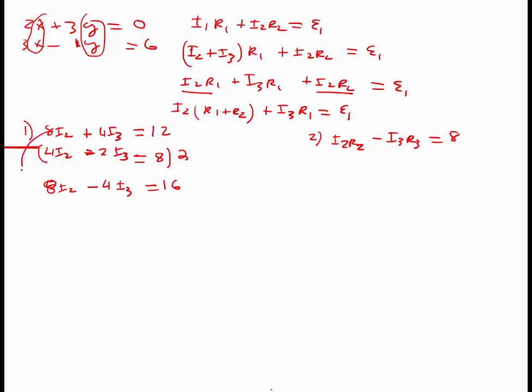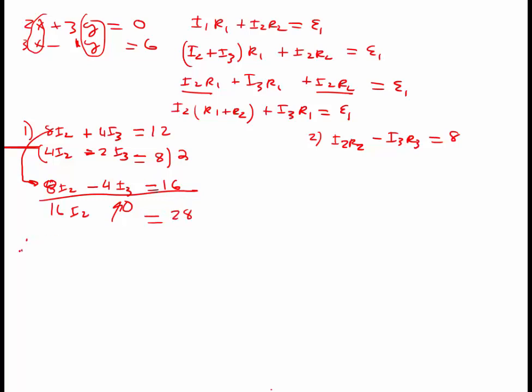And then if we add these two equations, this will become 16 times I2. So we have 4 I3 minus 4 I3, that goes out to 0, right? And then that comes out to be equal to 16 plus 12 equals 28.